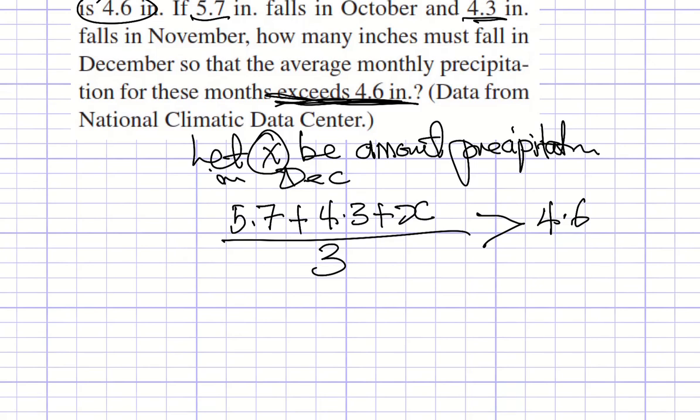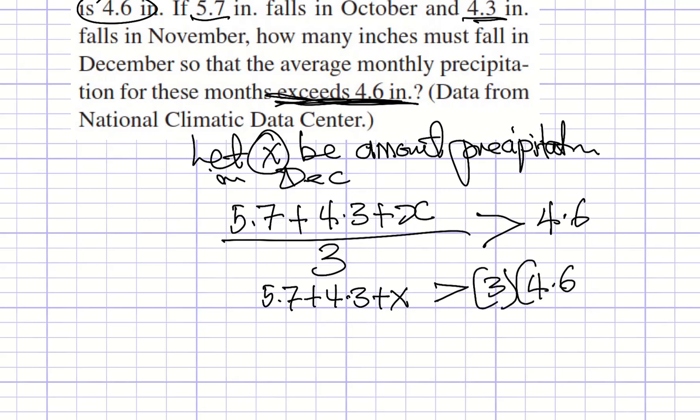That's all you need to do. We've solved this kind of problem before. You just multiply both sides by 3. You get 5.7 plus 4.3 plus x greater than 3 times 4.6. When you add those two, you get 10.0. When you multiply this out, you get 13.8.